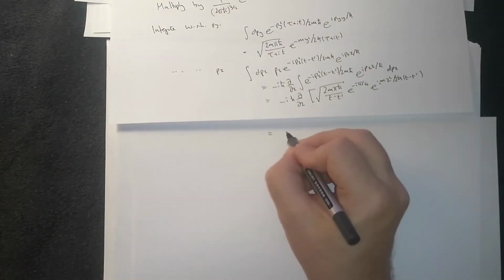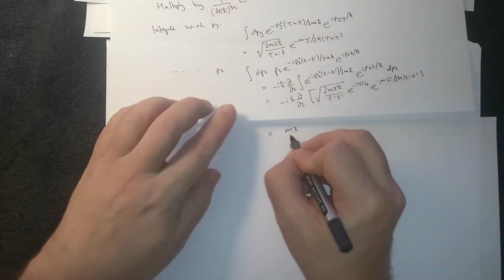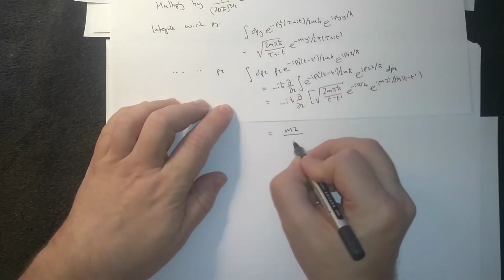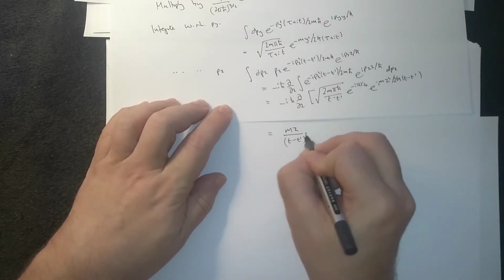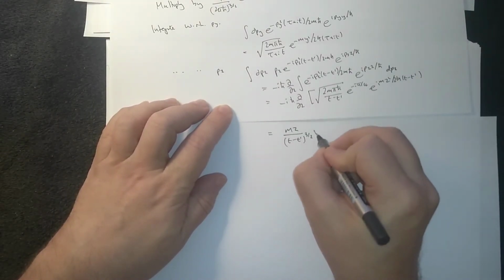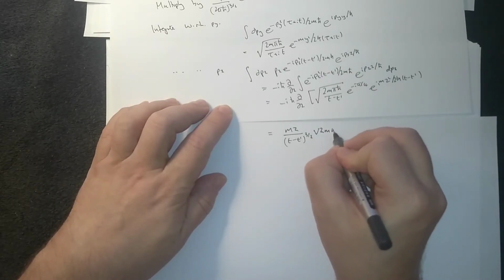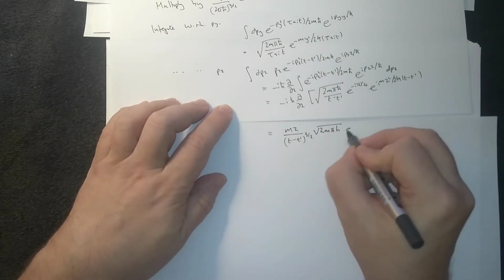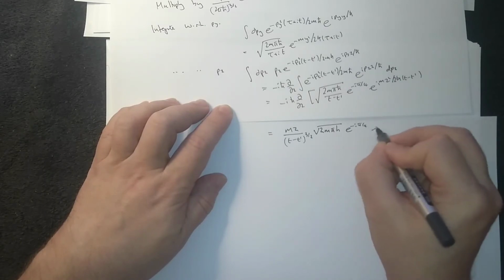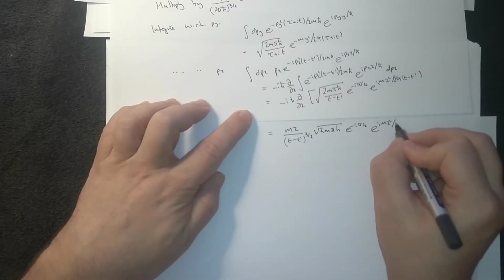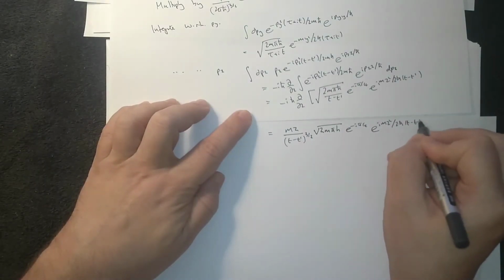And that gives me m z over (t minus t prime) to the 3 over 2 times the root 2 m pi h bar, e to the minus i pi by 4, e to the i m z squared over 2 h bar (t minus t prime).